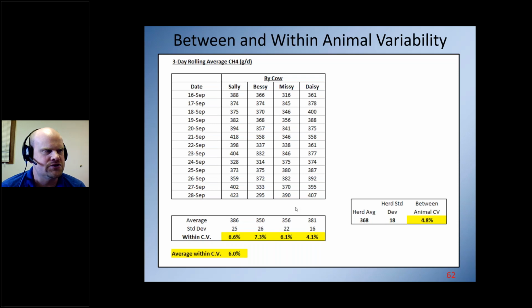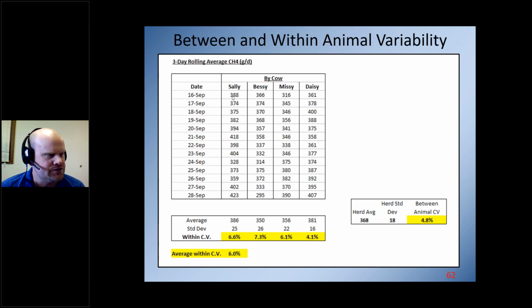So this is a simple example of within and between animal coefficient of variance. In this case, the herd average of the different animals is about 368 grams per day. We find a standard deviation between the animals of about 18 grams per day, and this equates to a coefficient of variance of about 5%.